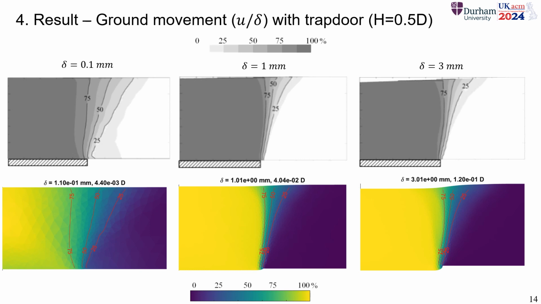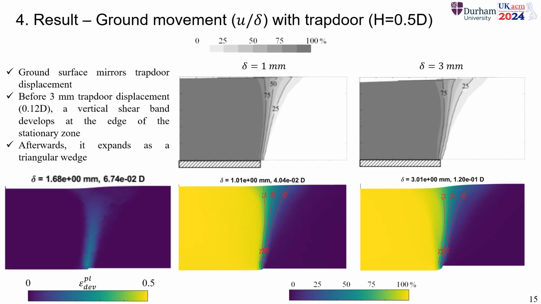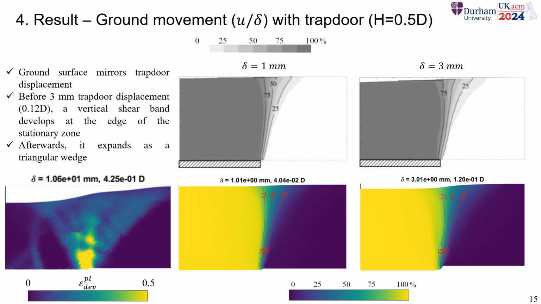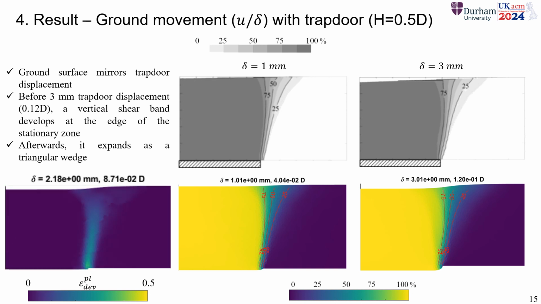And then this continues to be more or less constant until 12% of the trapdoor size. So first you have a very vertical mechanism at the very beginning, and then after a certain displacement, the mechanism changes significantly. It becomes a wider wedge shape, which creates this also very different surface above.